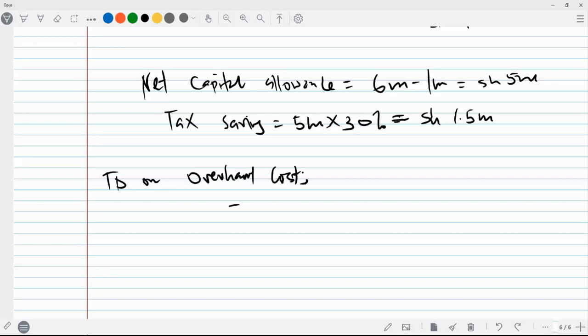You are paying 20 million over 5 years. This overhaul cost is incurred in year 10, and the number of years remaining is 5 years. That's why I'm dividing by 5 years, to give an amortization, or tax depreciation, of 4 million.